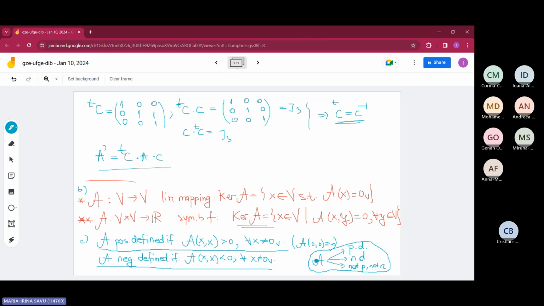If values are positive, you have a form which is positive defined. If the values are negative, you have a form which is negative defined. And if you have positive and negative values, it is neither positive nor negative.